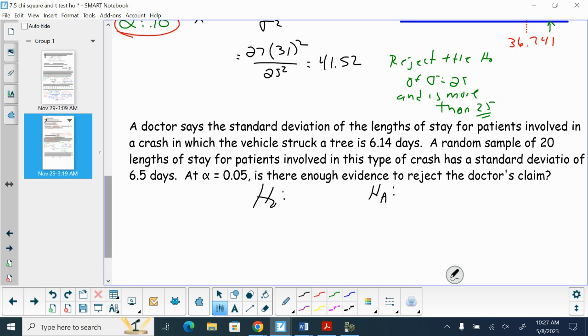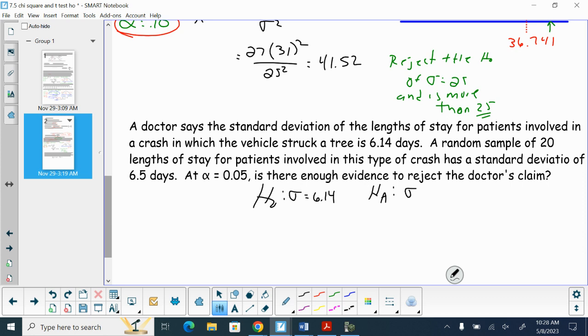The doctor's claim is that the standard deviation is 6.14. That's what he's hoping is true. Once again, equality will always go with the null hypothesis, even though this is what he's hoping is true.